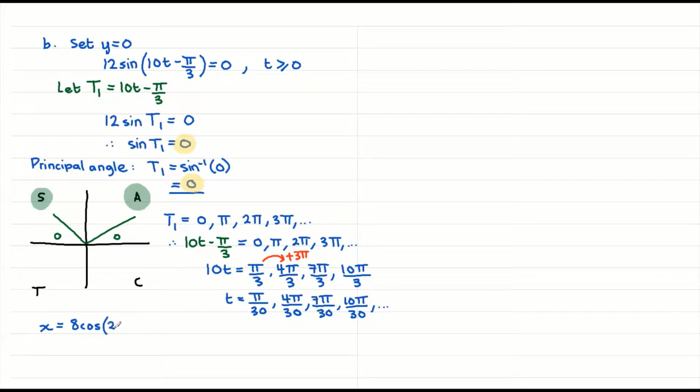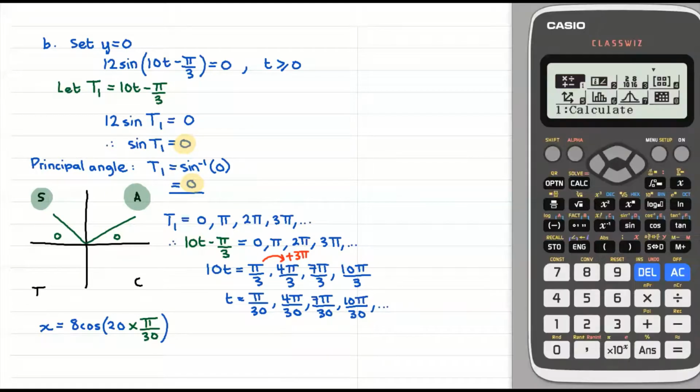So that's going to be 20 multiplied by, we'll put our first result in, so that'll be pi over 30. Okay. Now let's just do that.